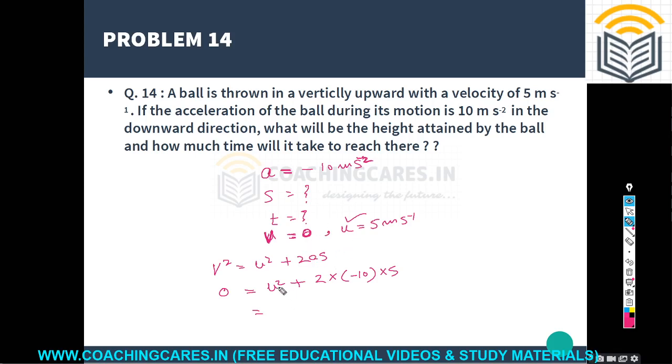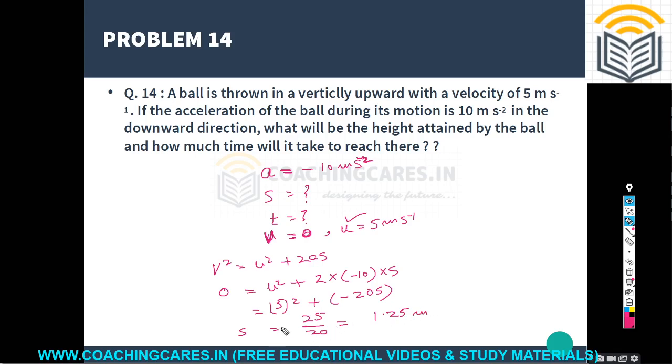u is 5 here, so we'll write 5 square plus minus 20 s. So s will be 25 divided by 20, so that will be 1.25 meter.